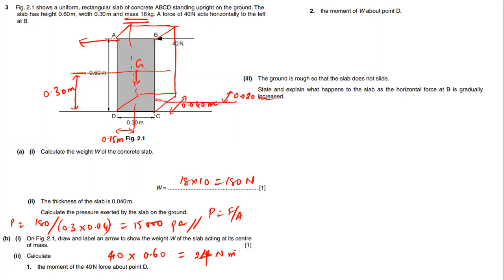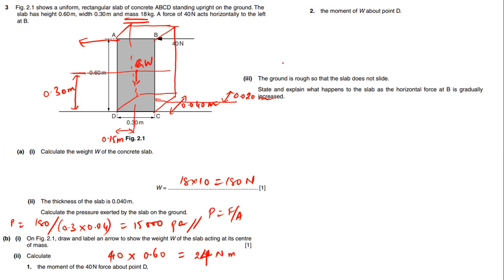Now the moment of W about point D. This is your W, the weight. I should not call this G, because G stands for centroid. Now, what is the moment of W about the point D? You would have to find the distance.